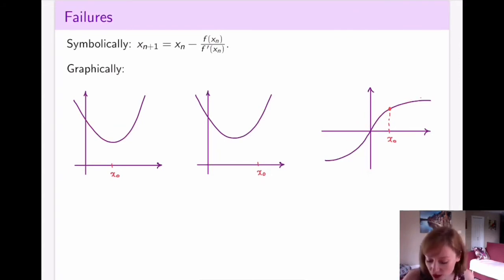So for this choice of x naught, I'm going to go up to the function, construct a tangent line, take my next x-intercept as the next approximation, go up to the function, construct a tangent line.